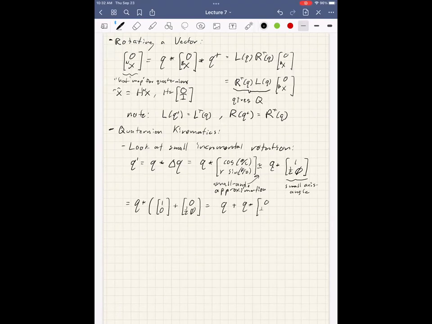Now I'm going to recall this axis angle thing. We can think about that as an omega times a dt, from last time.